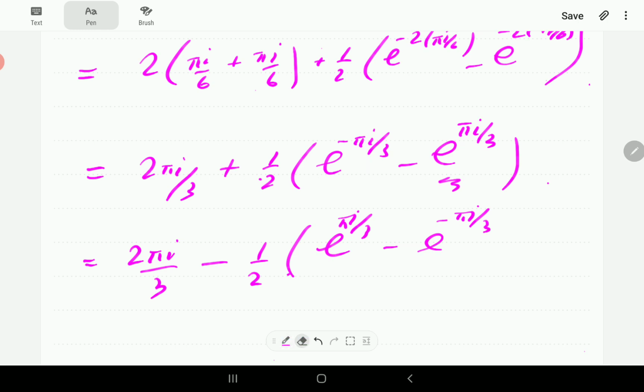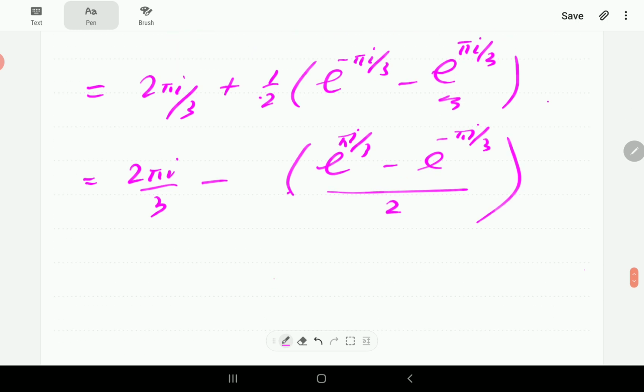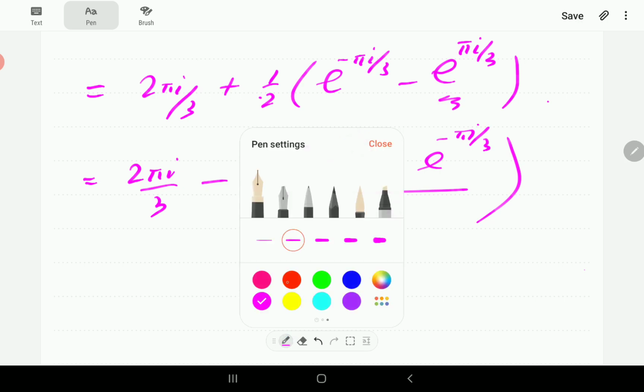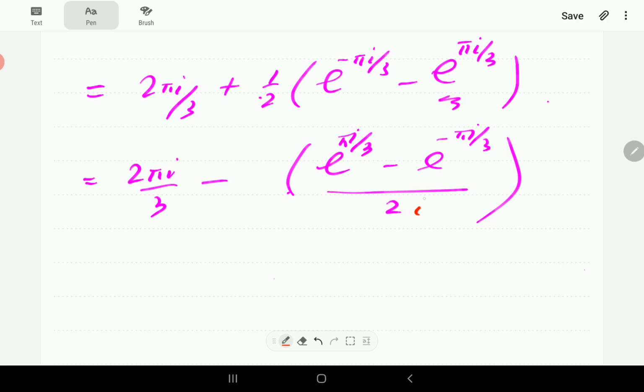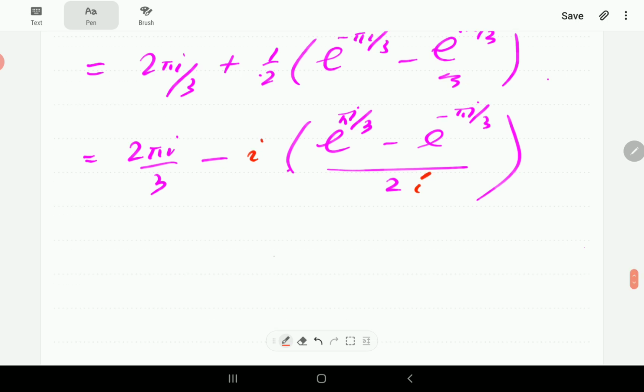And in fact, we can now take these two into the denominator. Then it's almost like sine of pi over 3, except that we need an i in the denominator. So we plug in an i in the denominator, and then we must multiply it by i there.